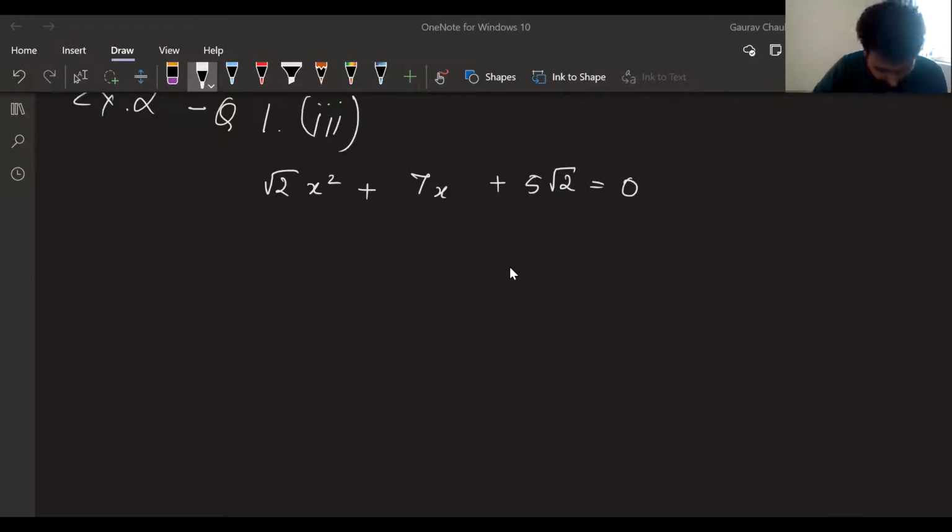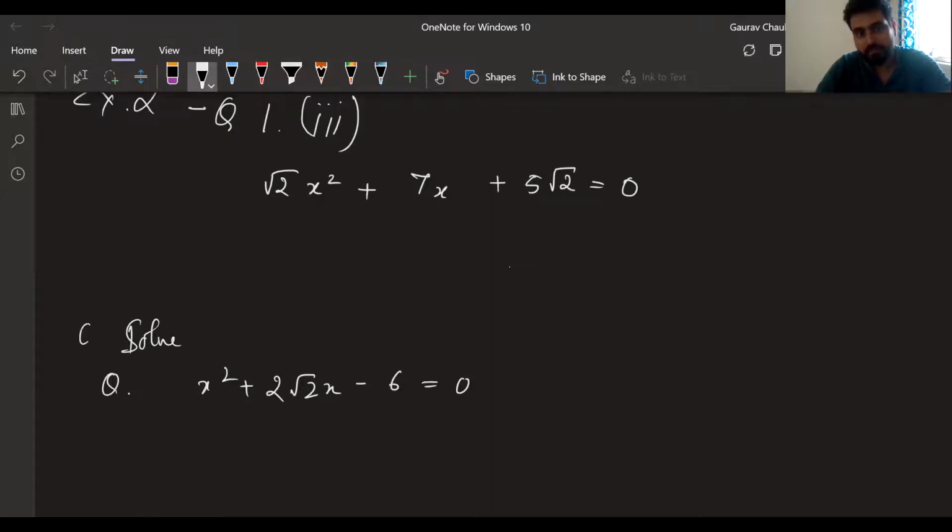Okay, I'm giving another question. This is for those who got the answer already of this question. Others also take down this question after you have done this one. The question is x square plus 2 root 2x minus 6 is equal to 0, and basically find the root by factorization.